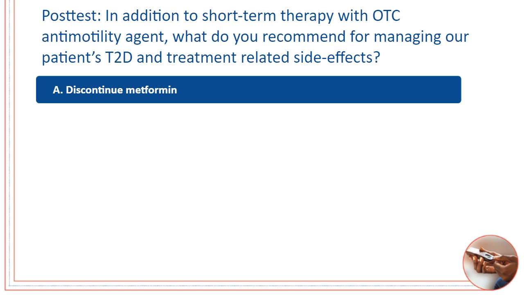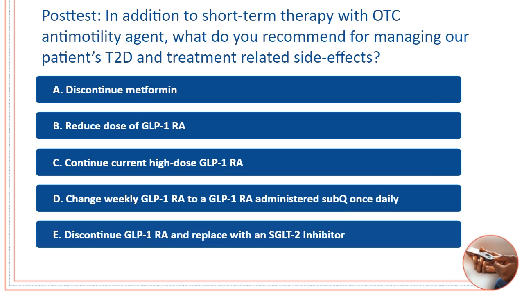Well, there are a number of different options. Let's remember that this patient has been on the 2 milligram dose for 3 weeks now, and was a little concerned about diarrhea, since he hadn't had it previously during the dose titration.